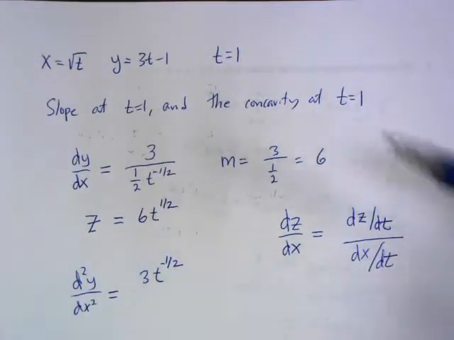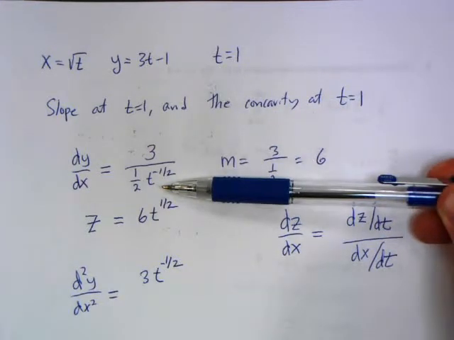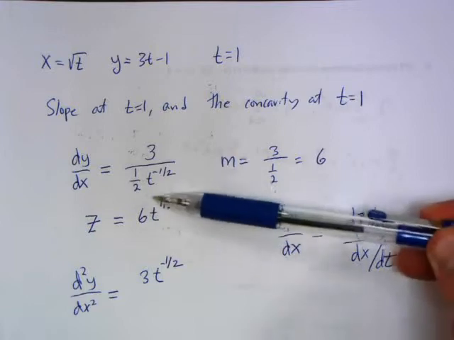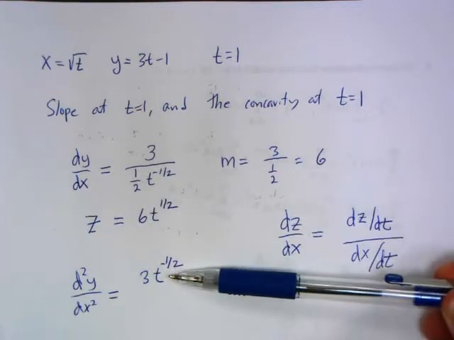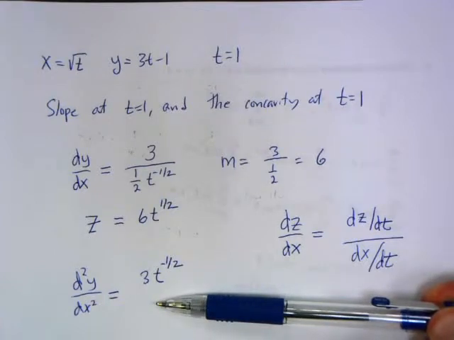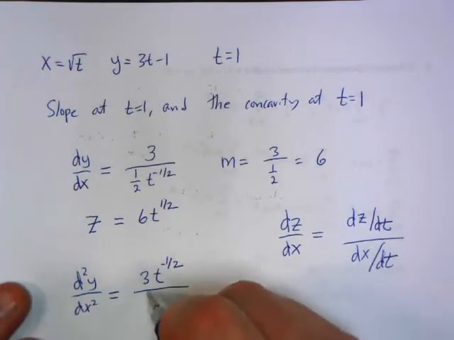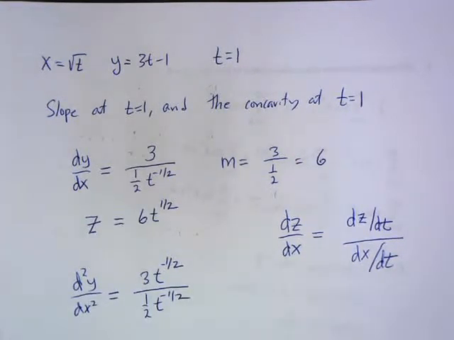To find the first derivative, we took dy/dt over dx/dt. To find the second derivative, you take the derivative, and then you still have to divide by dx/dt. So we have to divide by 1/2 t to the negative 1/2. Which is 6.